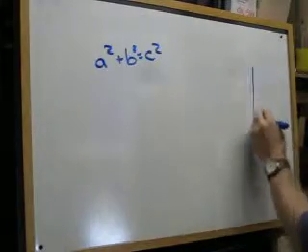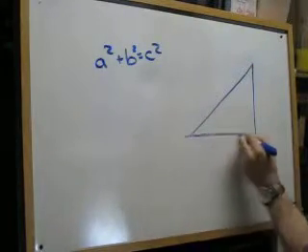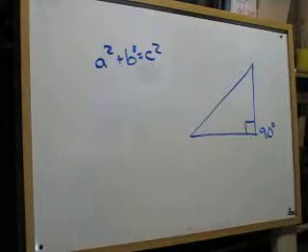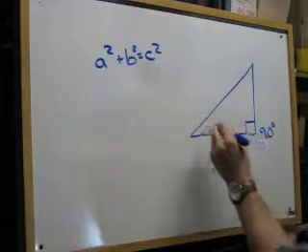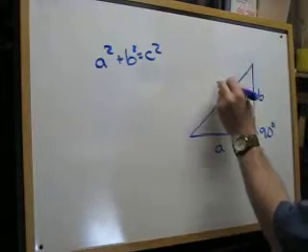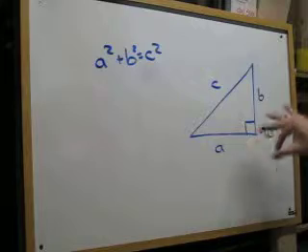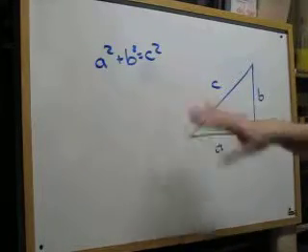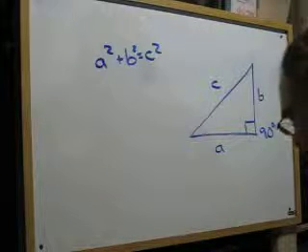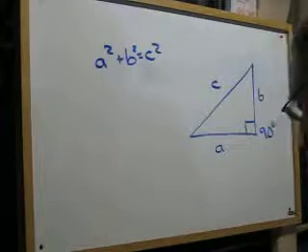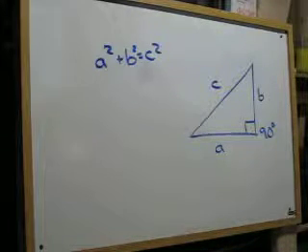And what that means is when we have a triangle, any triangle at all, as long as one of the angles is a 90-degree angle called a right triangle, if we know the length of A and the length of B and the length of C, or if we know any combination of those, we can find out what the other side is. So for example, if you look at example 10 on page 416, they give you one that we'll do in just a minute.